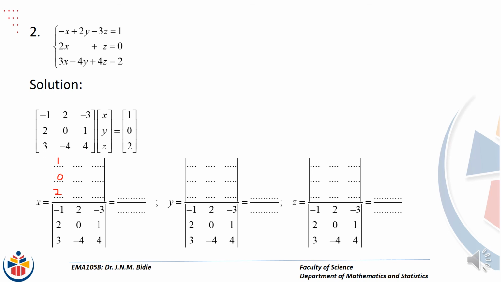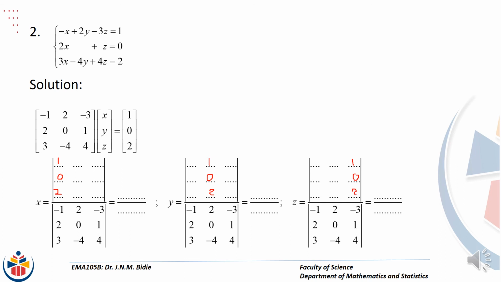But for y, that 1, 0, 2 goes in the second column. And then for z, that constant matrix goes to the third column, 1, 0, 2.